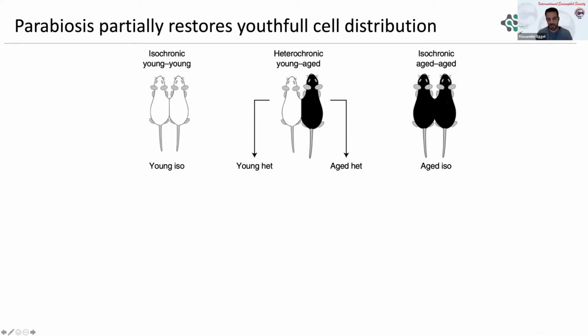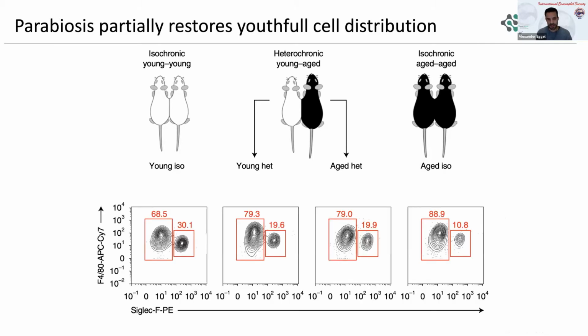After 4 weeks of pairing, we reanalyzed the adipose tissue of these mice. Here is the flow cytometry data for each pair: the young isochronics, the aged isochronics, the aged heterochronics, and the young heterochronics.